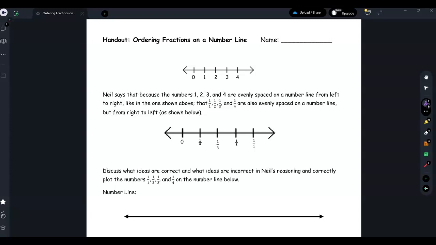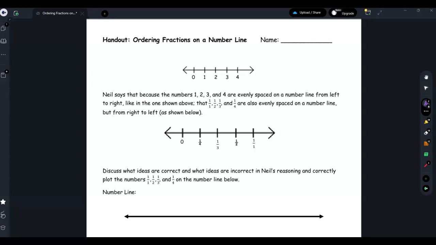In terms of what is correct, one thing that Neil does have correct is the order of these fractions. We know that the bigger the denominator, the smaller the fraction. So between 1/2, 1/3, and 1/4, 1/4 has the biggest denominator, which makes it the smallest fraction. So Neil is correct in putting 1 over 2, then 1 over 3, then 1 over 4, but instead of going left to right, we'd go right to left.